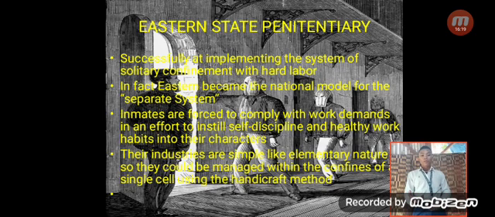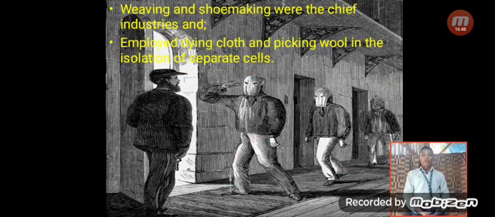They were forced to comply with the work demands in an effort to instill self-discipline and healthy work habits into their characters. Just as I said earlier, offenders should acquire this discipline. The industries were of a simple, elementary nature, so they could be managed within the confines of a single cell using the handicraft method.